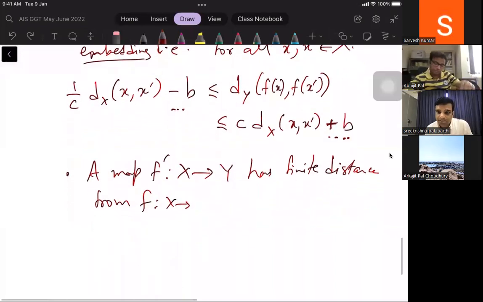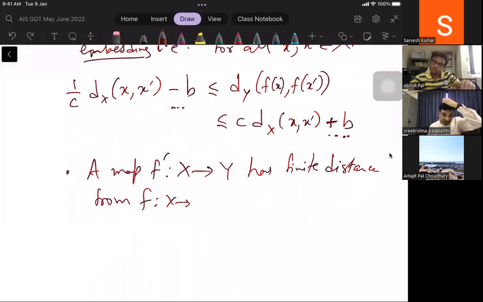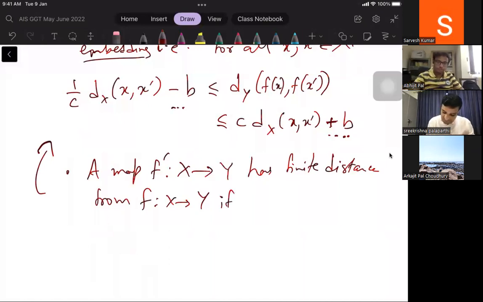Okay. So a map f prime from X to Y is at a finite distance from f, which is also from X to Y, as in the previous definition. So it's between metric spaces. That's all I want to say.